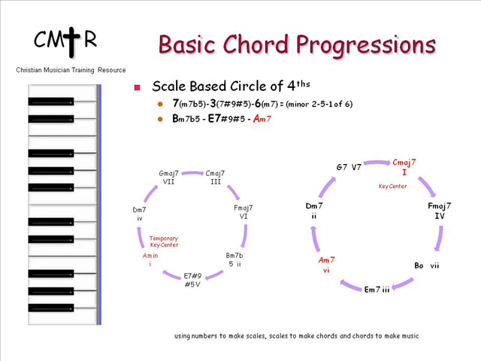In this example, I will first play the chord progression in its standard form, 1 through 7, and then I will add the change which makes the 7-3-6 chord progression by changing the key center from C major to A minor, and the 7-3-6 then becomes the 2-5-1 of the 6.